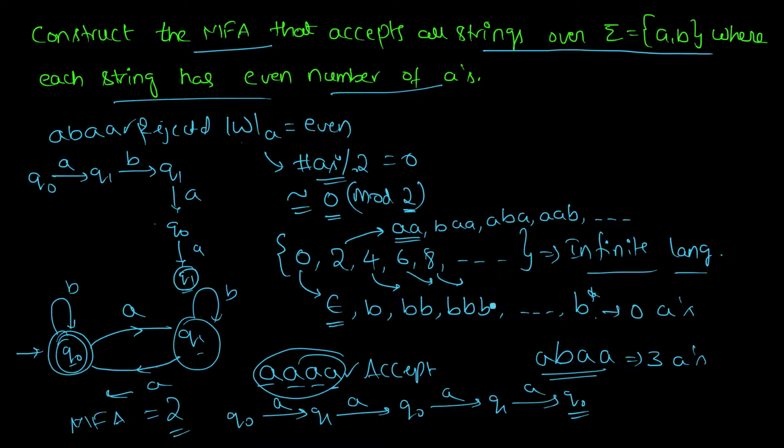Let's look at this problem from a different perspective. We are asked to construct a DFA for all the strings having an even number of A's. It means when the number of A's is divided by 2, we need to get a remainder 0. When we divide a number by 2, what are the possible remainders?